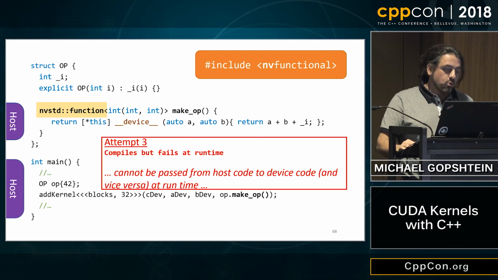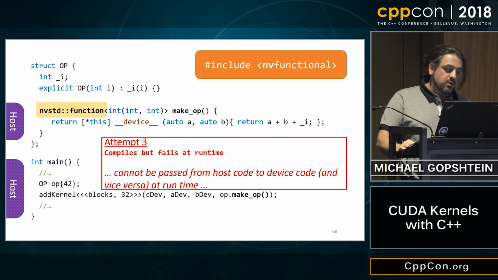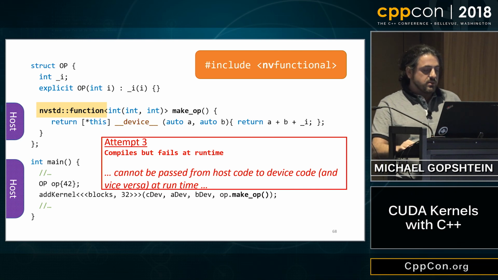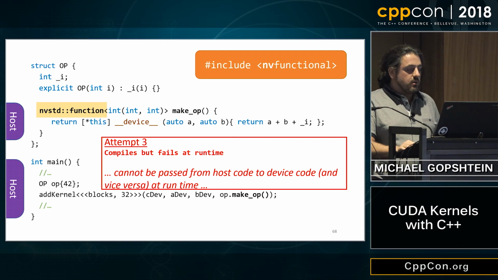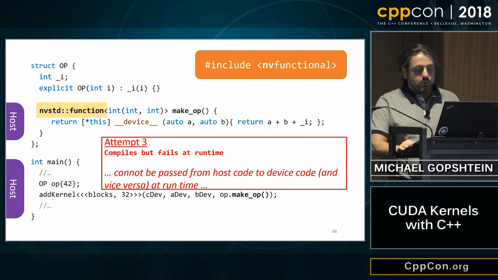But now the code compiles, but again, it fails in runtime. And the reason is that we can't pass an nv std function between the CPU and the GPU. It also makes sense, as probably the nv std function is implemented in terms of virtual functions, and we know that we can't pass this between the host and the device.